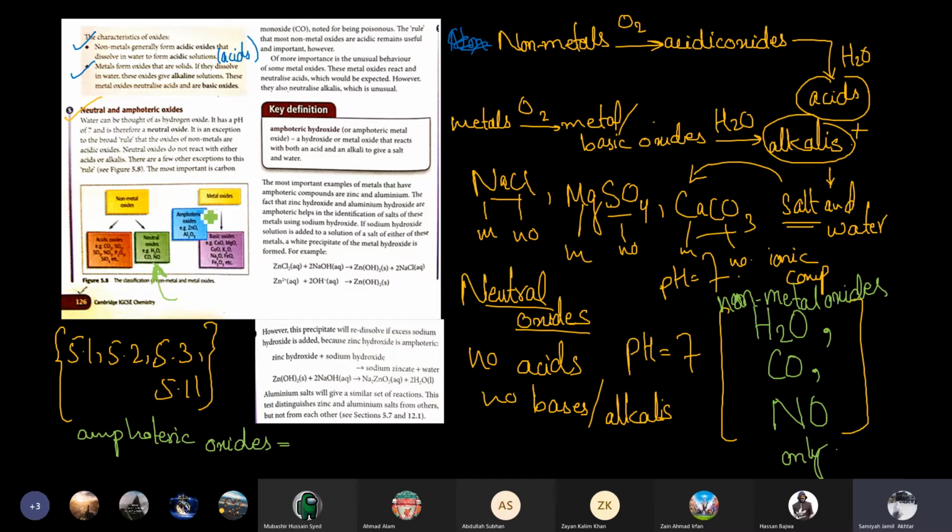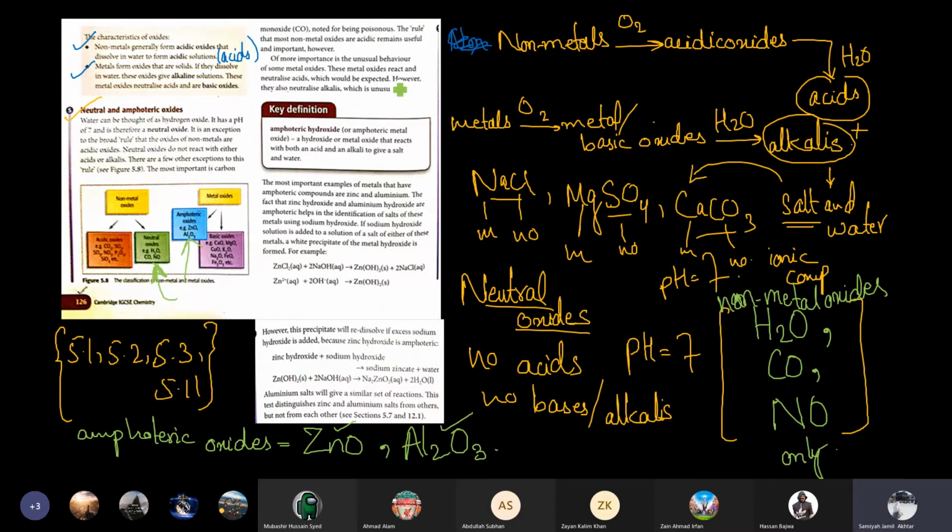The two amphoteric oxides are written here in the blue box: zinc oxide and Al2O3, aluminium oxide. Please learn that only these two metal oxides are amphoteric in nature. The rest are basic.